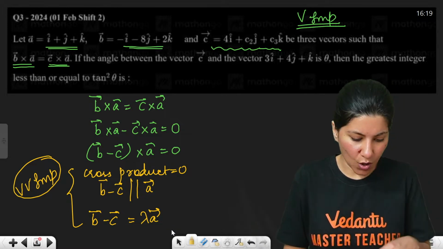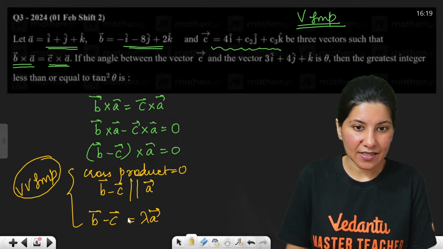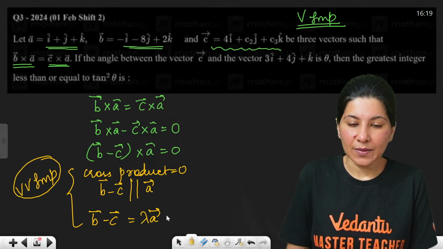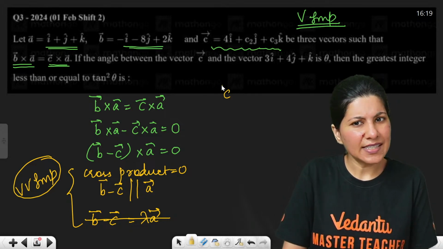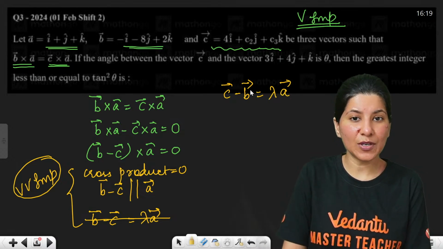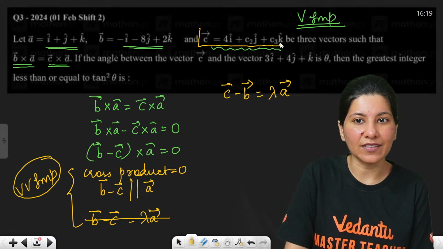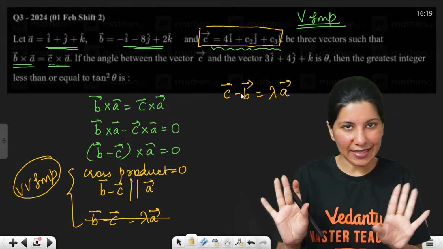Rather than writing this, let me just write down C minus B is equal to lambda times A. This is also fine, right? Because we are here to figure out C vector. So it will make more sense. Otherwise, this is also fine. You will get the same answer.